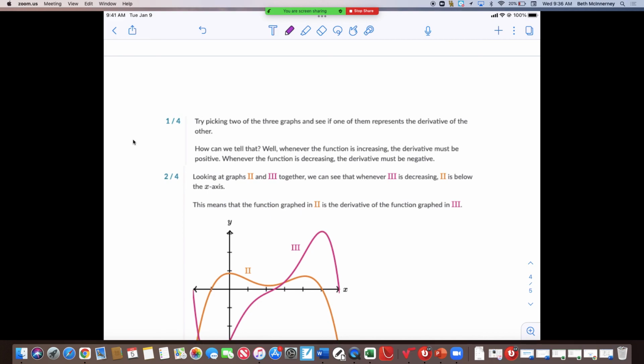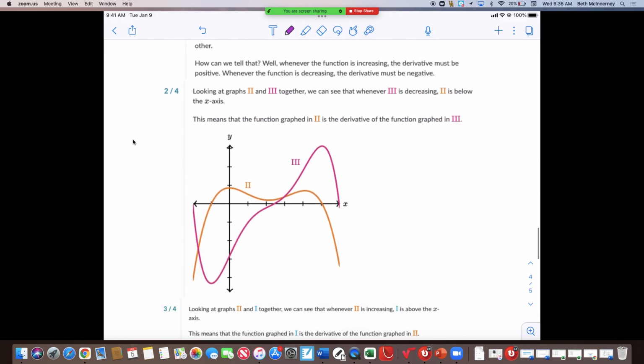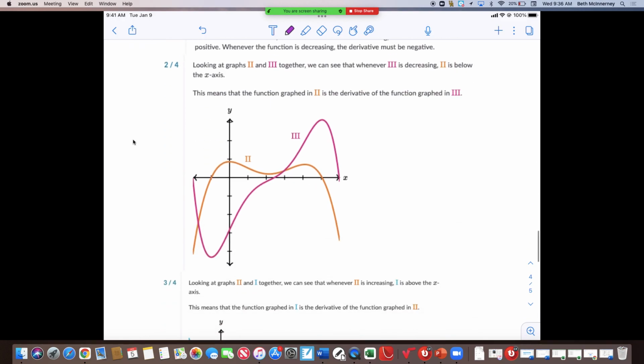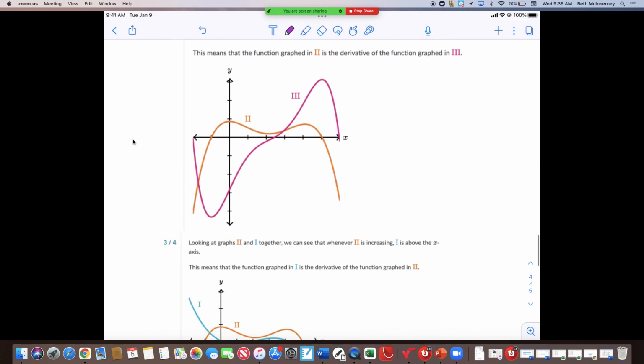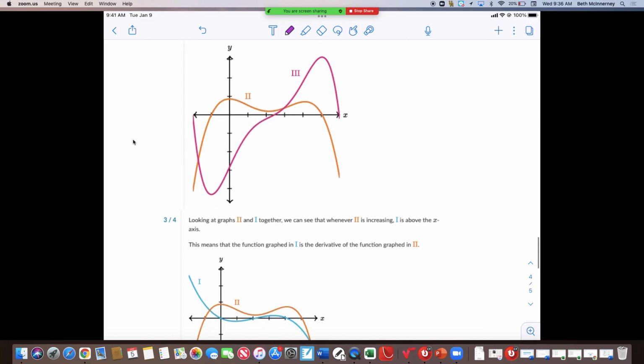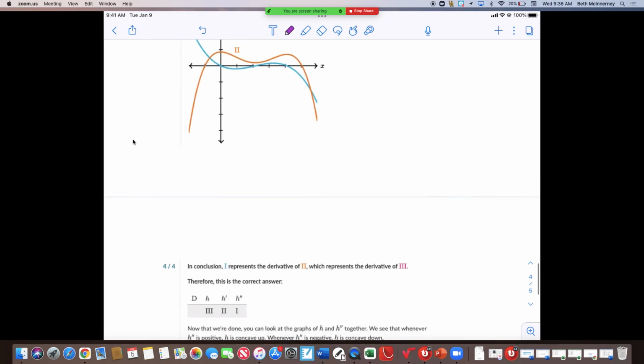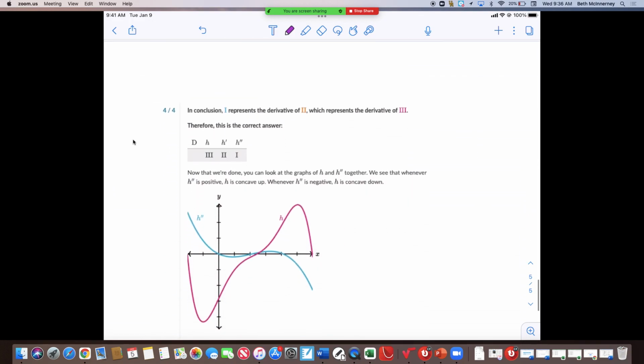So if you looked at graphs 2 and 3, we can see that whenever 3 is decreasing, 2 is below the x-axis. Looking at 2 and 1 together, we can see that whenever 2 is increasing, the first one is above the x-axis. And so then that's why it's letter choice D.